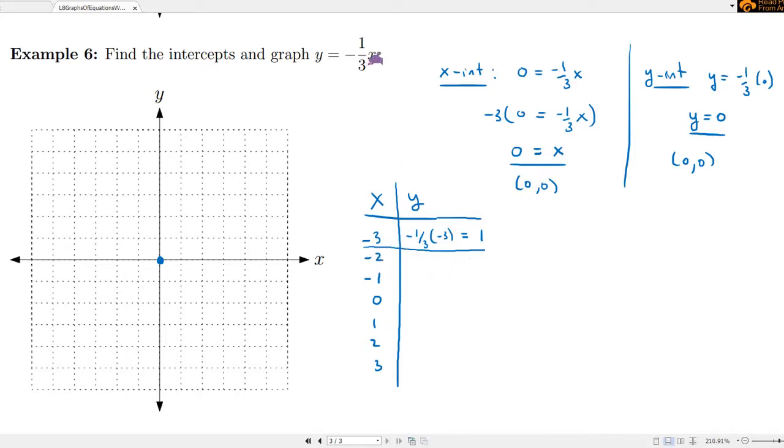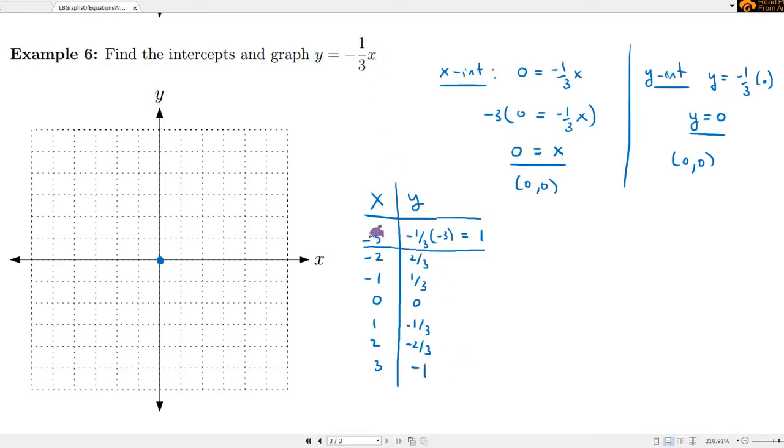So -2, plugging that in, you will get 2/3. Plugging in -1, we'll get 1/3. Plugging in 0, we get 0. We already saw that. Plugging in 1, we will get -1/3, then -2/3, and then plugging in 3, we're going to get -1.